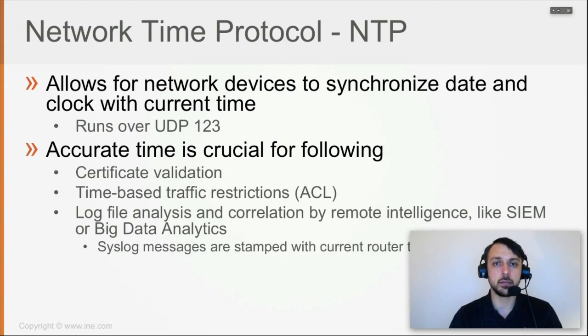Back in the days, a lot of years ago, this was a very good tool to configure an ACL which, for example, blocked all traffic towards the internet after 6 p.m. for example. So for that point, nobody should be within the company's network on the inside. So it means that all internet traffic was dropped just to make sure, for example, that nobody was leaking traffic from the inside of the network towards the internet. So you would configure that time-based ACL to drop all traffic from the LAN towards the outside world at specific time intervals.